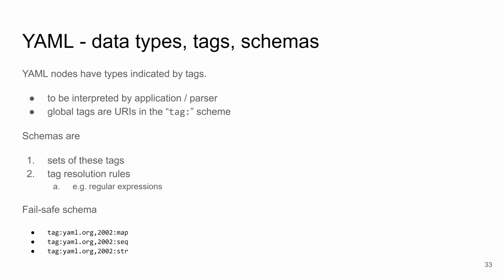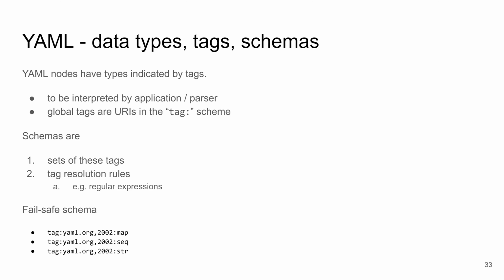Now back to the data types. As I said a moment ago, the core YAML actually doesn't support any other scalars or values than strings. This is solved by introducing something called a schema. And this schema is not what you would imagine as in JSON schema or XML schema or even RDF schema.